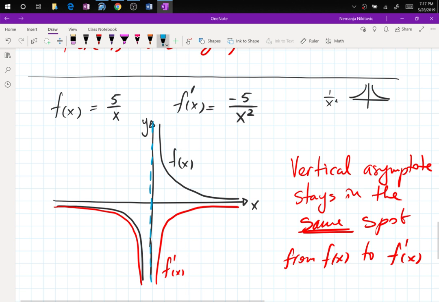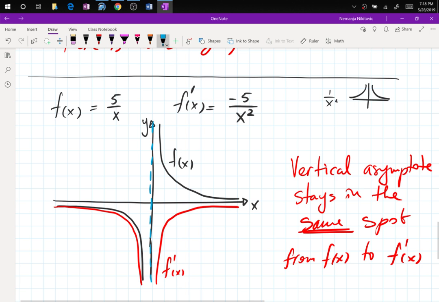And now observe that 1 over x or 5 over x is always decreasing. Therefore, the derivative is always negative. We see that the first part of the black function goes down towards negative infinity, right?